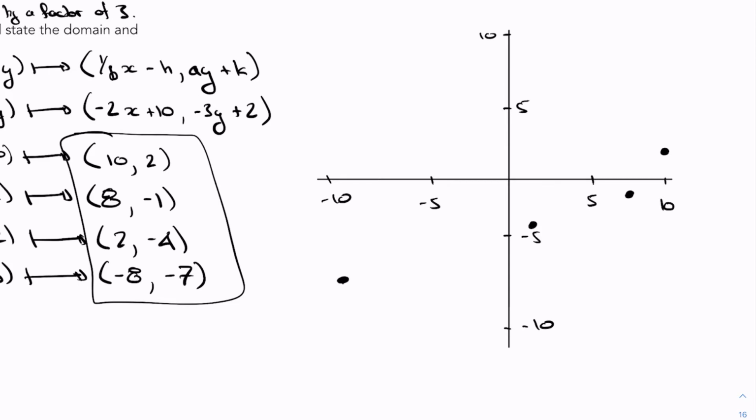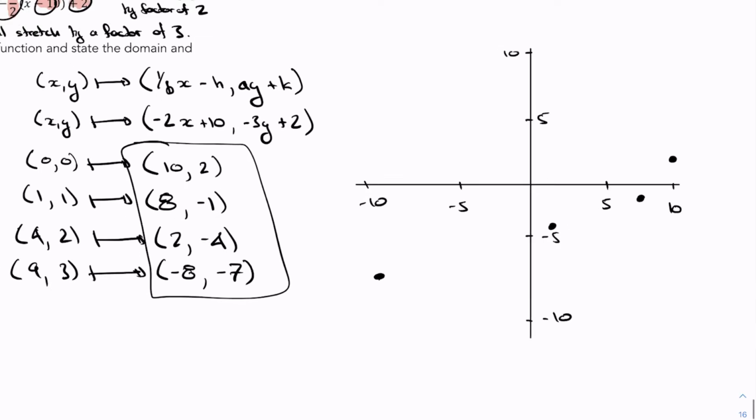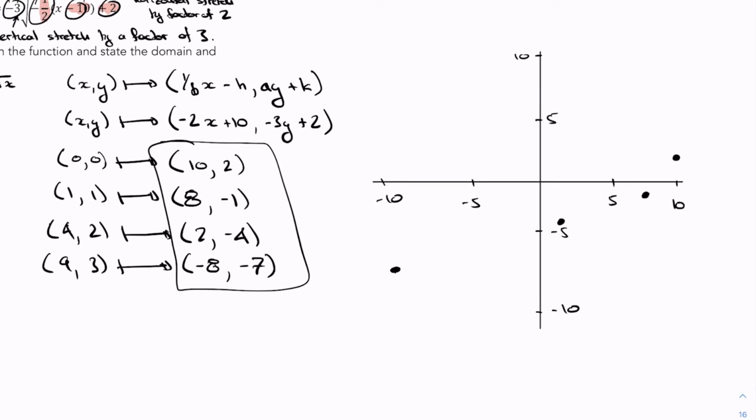Now if you recall, the original graph goes something like this. Obviously, it's not drawn properly because out here it should be a bit lower, but whatever. The new graph, remember, this point went over here. So this point is now your beginning, in quotes, the beginning of the function, and it goes from here outwards.